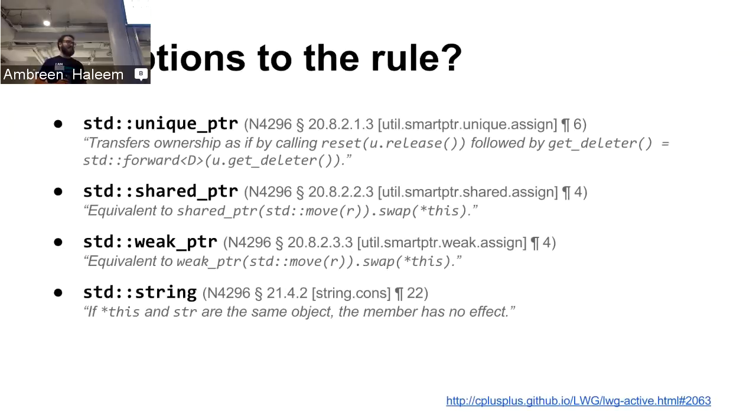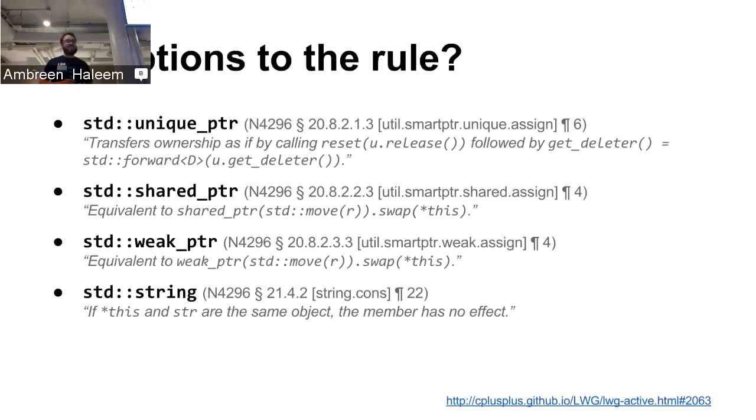All the smart pointers give very specific sequences: when you transfer ownership of a unique pointer, that's the same as calling reset of release, which would do the right thing. Except that says "as if," and it doesn't explicitly refer back to the other place that said it was undefined behavior. So I don't know if I would count on that.